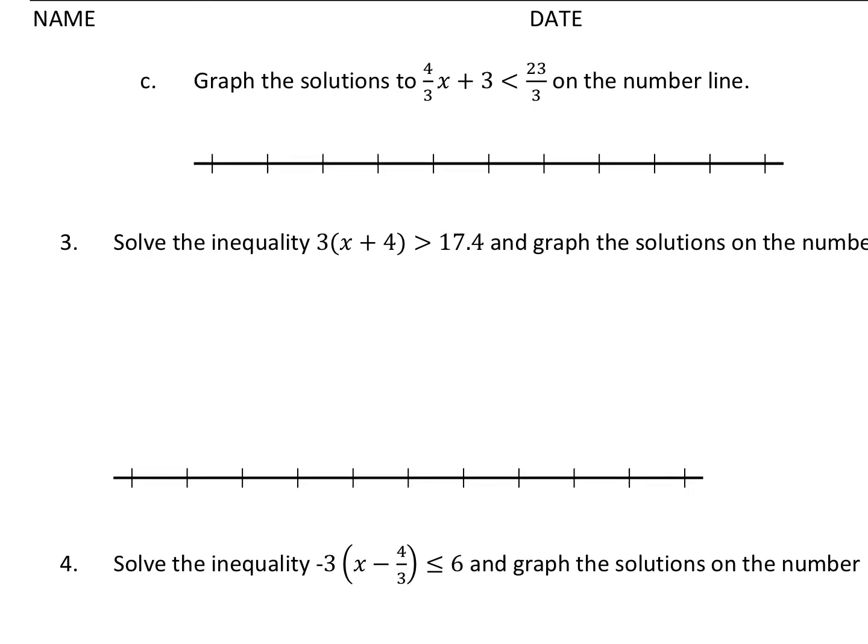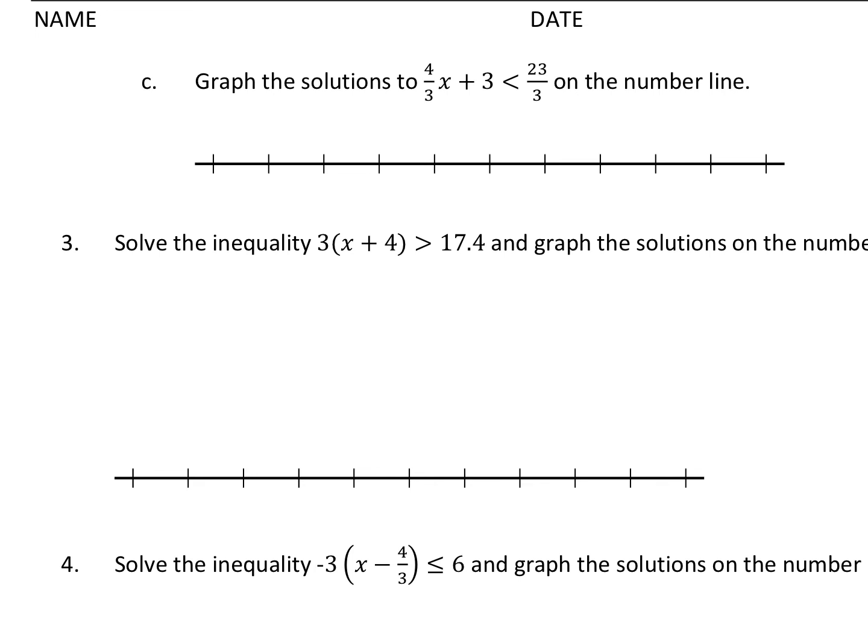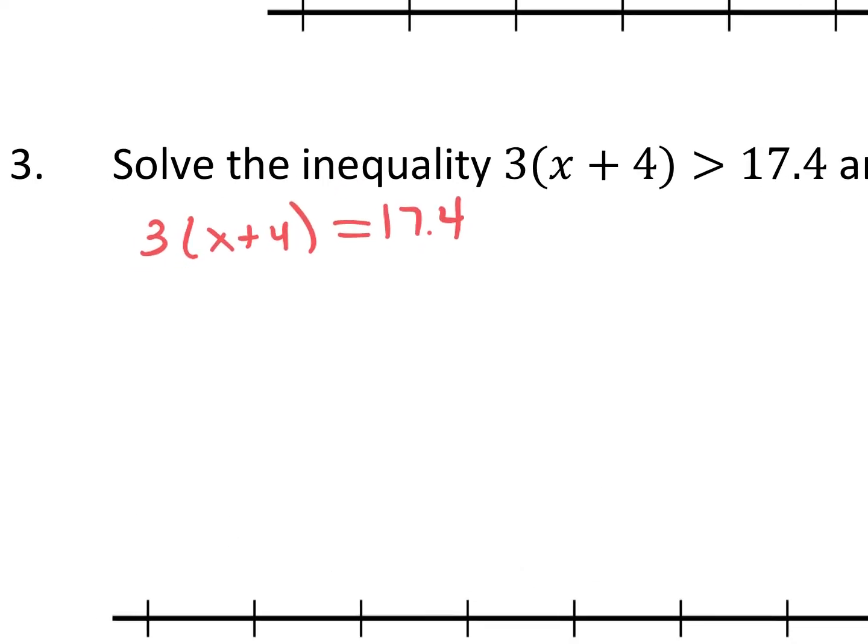Okay, so this time it wants you to solve, and it doesn't break it down for you, so there's a little scaffolding happening here. So let's take a look. 3 times x plus 4 is greater than 17.4. I'm going to erase that greater than sign, and I'm actually going to make it an equal sign. We're going to start with that equal sign. So let's start by solving this.